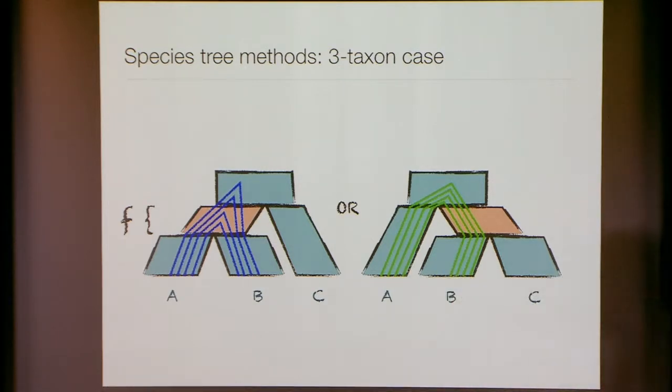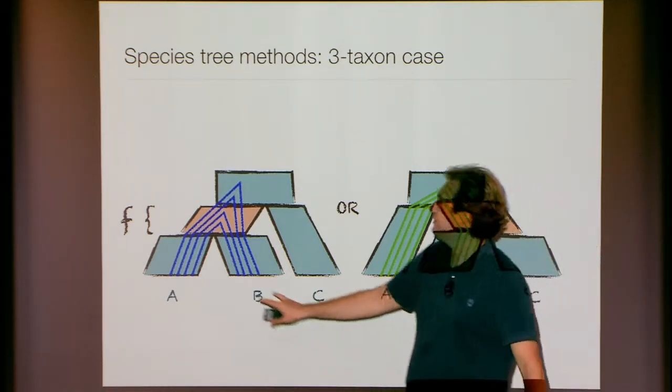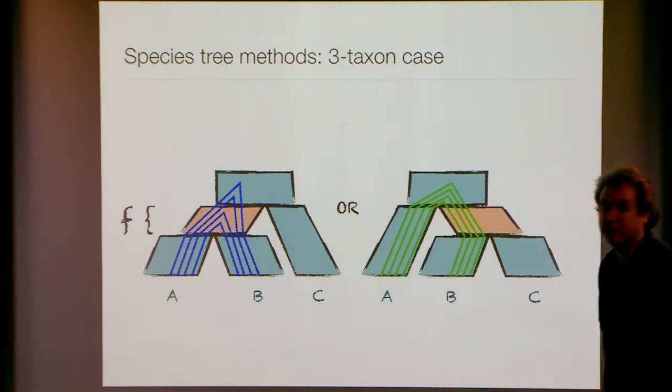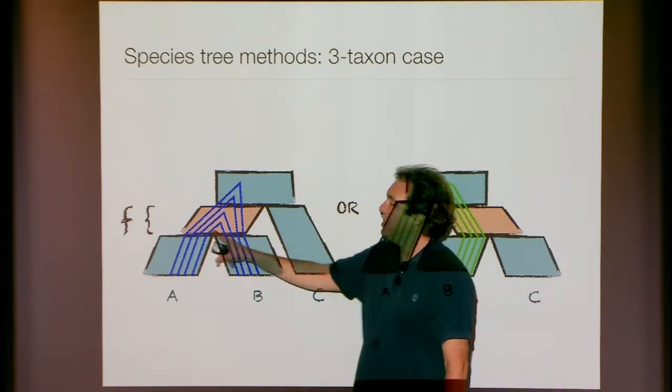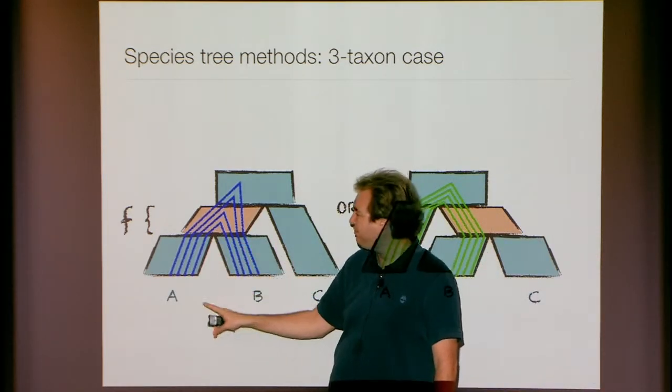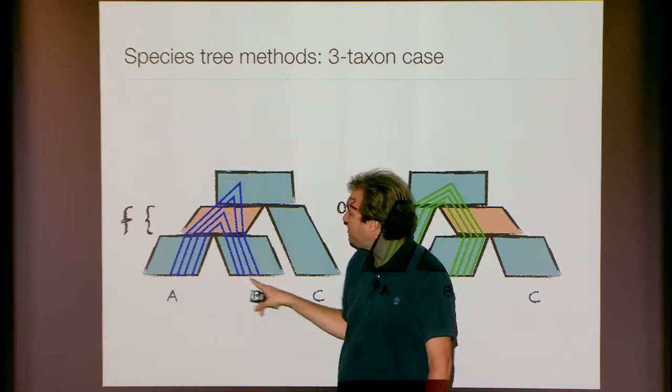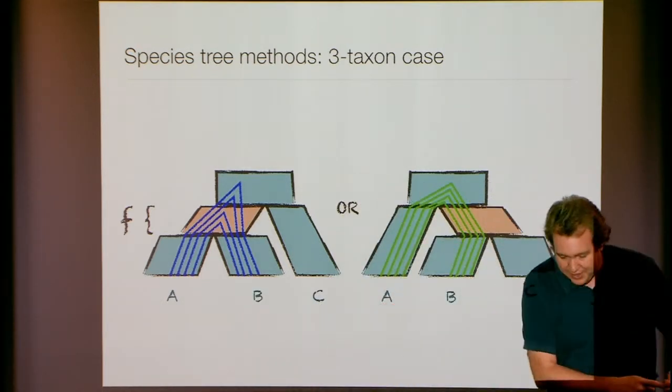So one way to reconstruct a tree is, for every pair of species, to look at the smallest coalescent times that you see across all your genes, and compare that. The smallest one will give you which pair is closest. This is guaranteed to be consistent when the number of genes goes to infinity. Another thing you can do is just average the coalescent times that you see across the genes. For these 2 species, I have a bunch of coalescent times, and I can just average all of them.